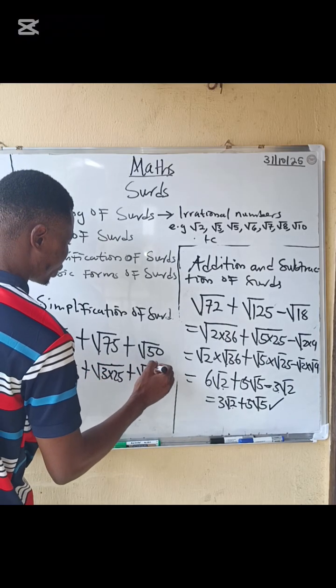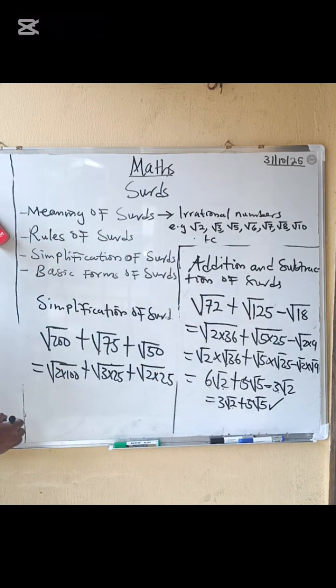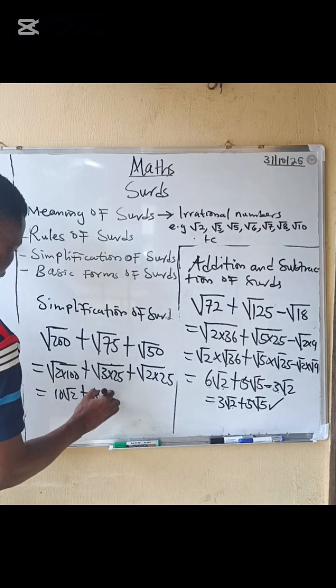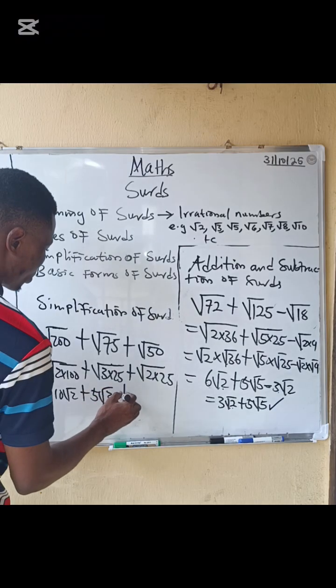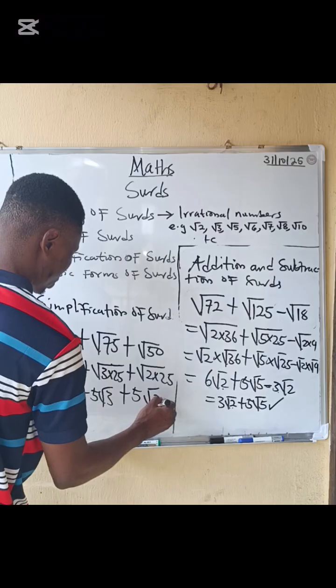Plus root 50, for this one now, that will be 2 times 25. All right, so let's see. So here now, the square root of 100 is 10 root 2, plus the square root of 25 is 5 root 3, plus the square root of 25 is 5 root 2.